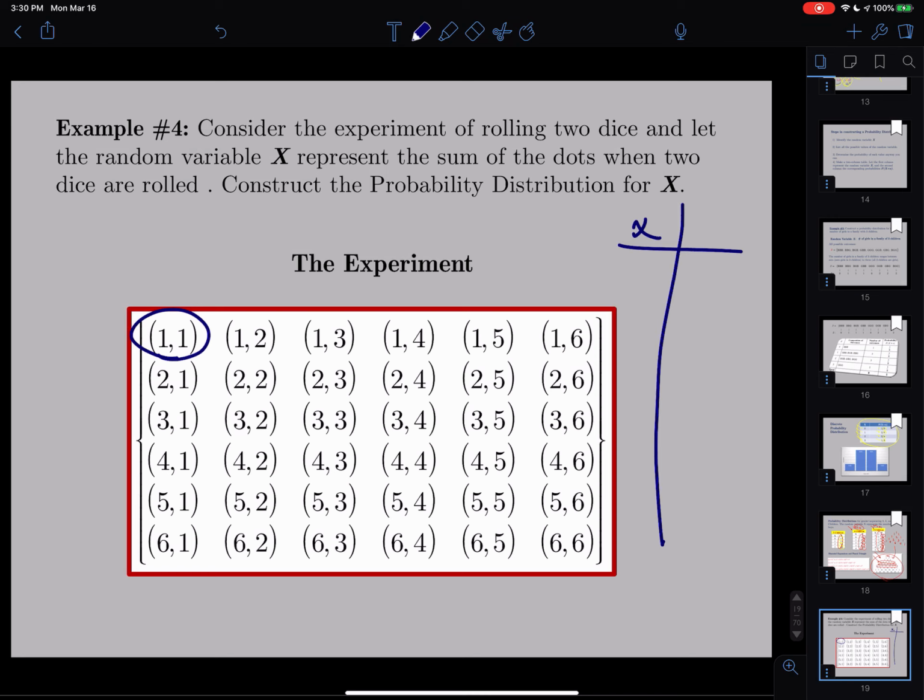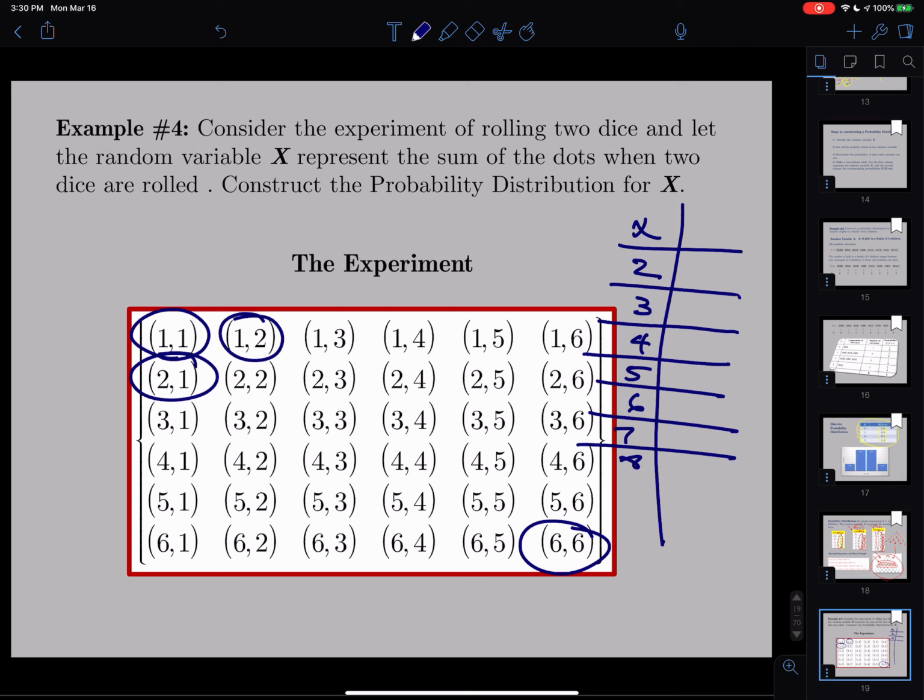That's 2. So the smallest number is 2. Then the next one is that they add to 3. So the next sum that these outcomes produce is 3. And if you notice, it just moves on that way to 6 and 6, which is 12. So the sum will go 2, 3, 4, 5, 6, 7, 8, 9, 10, 11, and 12.